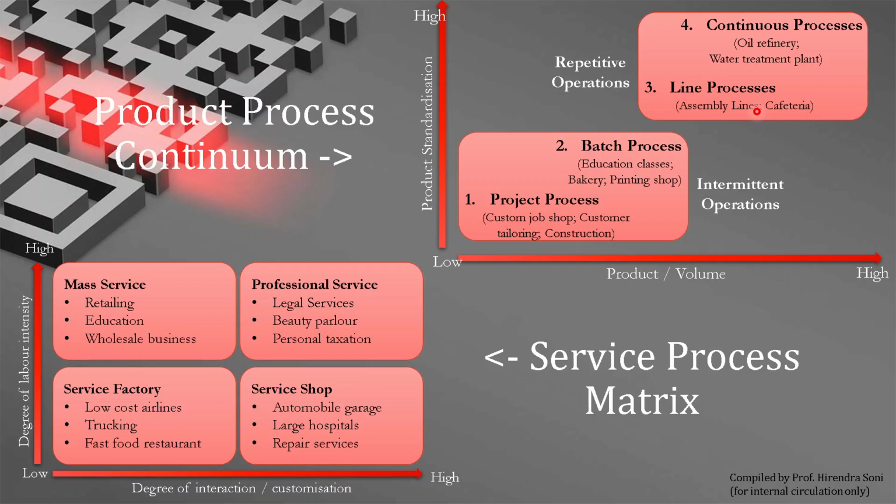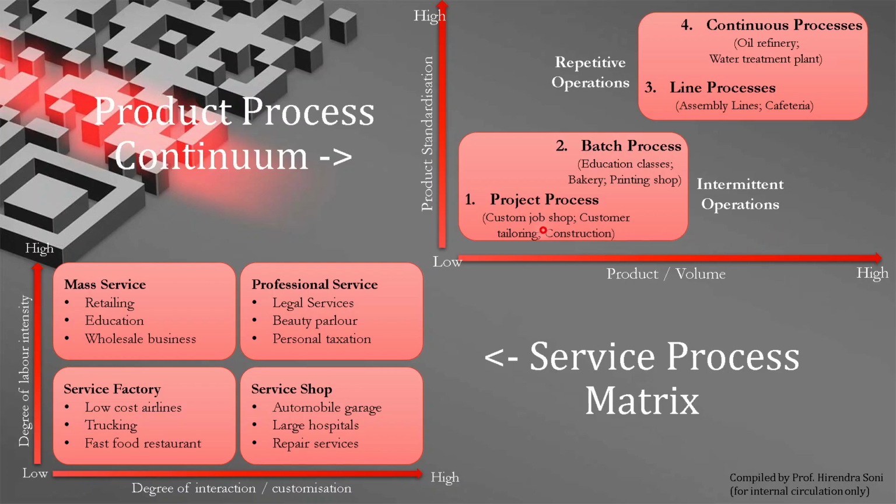So product standardization is much higher, as well as volumes. When we talk about continuous processes, the volumes are very high and it's continuous in nature. The product standardization is also very high.